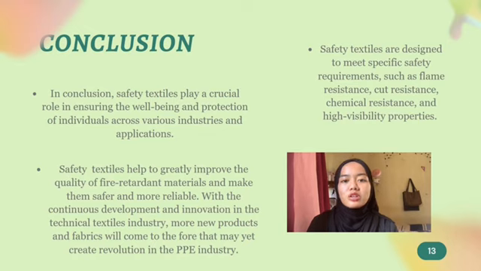With the continuous development and innovation in the technical textile industry, more new products and fabrics will come to the fore that may yet create a revolution in the PPE industry. Safety textiles are designed to meet specific safety requirements such as flame resistant, cut resistant, chemical resistant, and high visibility properties.